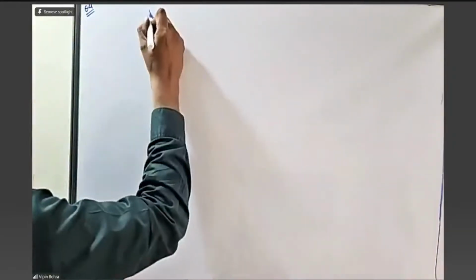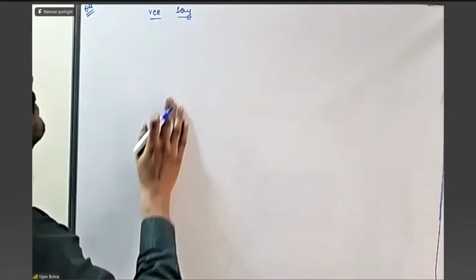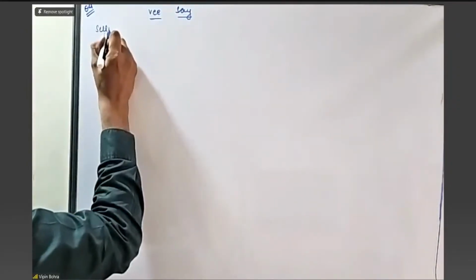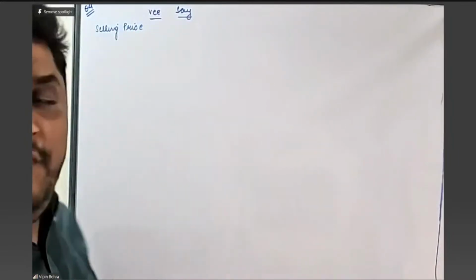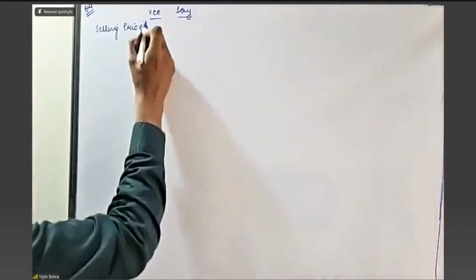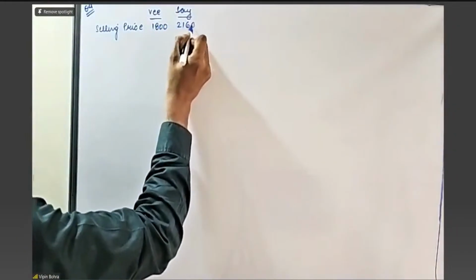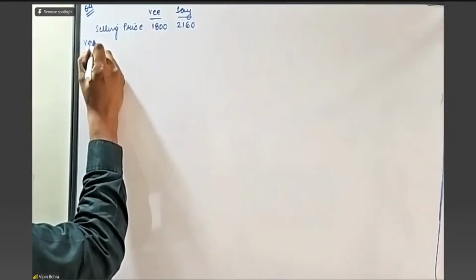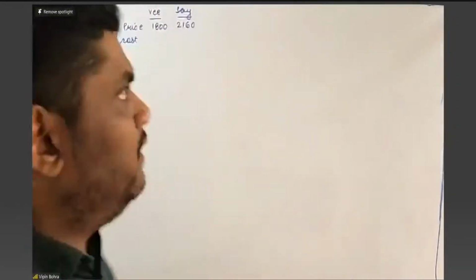So now V and J. The selling price is given. For V it is 1800 and that of J it is 2160. My variable cost is 900 and 1800.